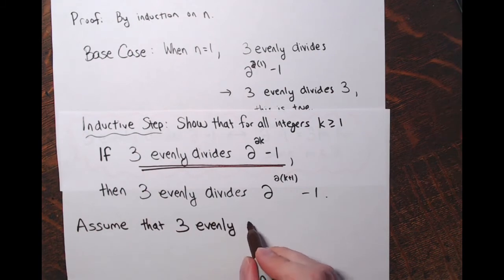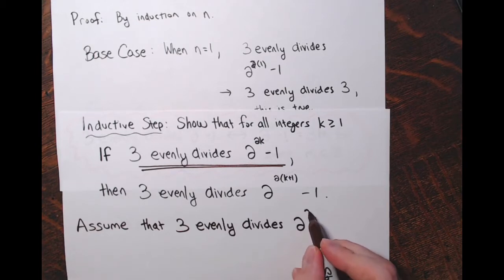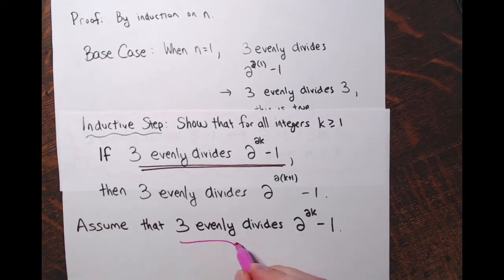We're going to assume that 3 evenly divides 2 to the 2k minus 1. And this is called the induction hypothesis. Right, what we're assuming to be true in the inductive step.